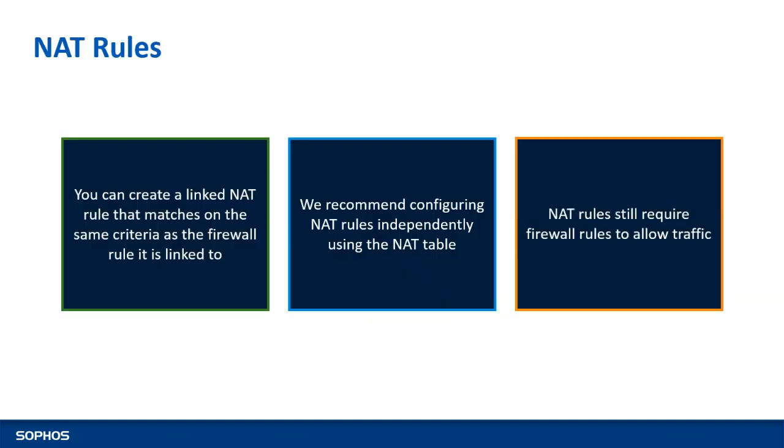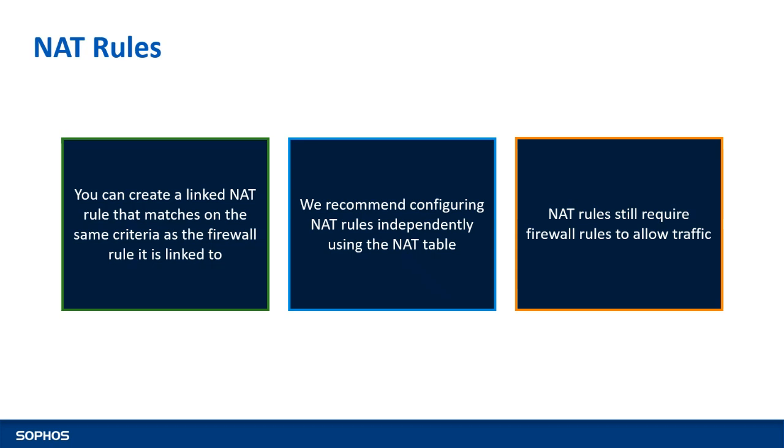You can create a linked NAT or source NATing from the firewall rule settings. However, this is primarily designed to support configuration migration from version 17.5. For other versions, we recommend that you configure NAT rules independently by using the NAT table to support more efficient and flexible configuration scenarios, including SNAT and DNAT in a single rule.